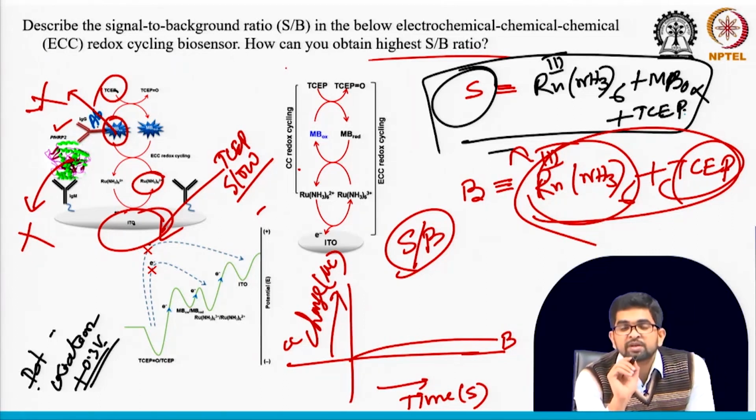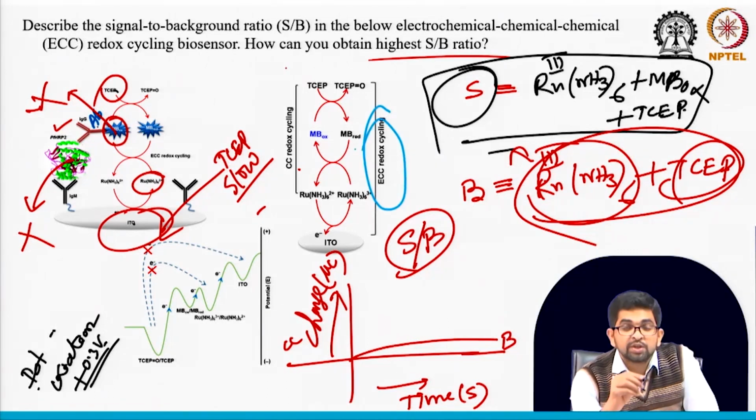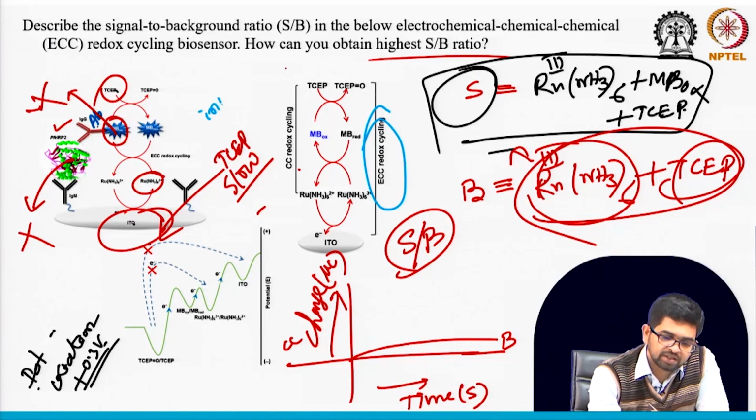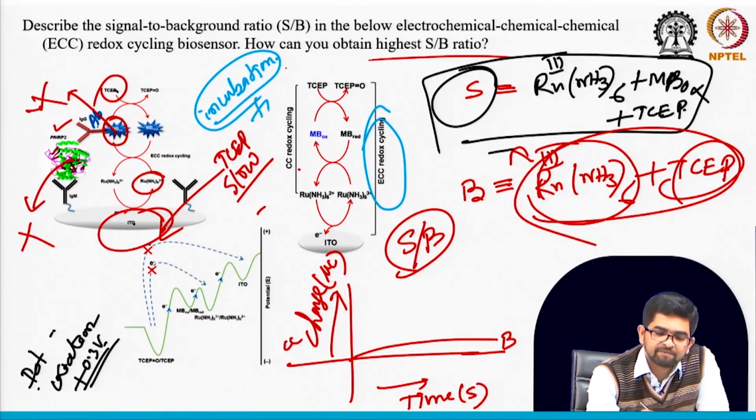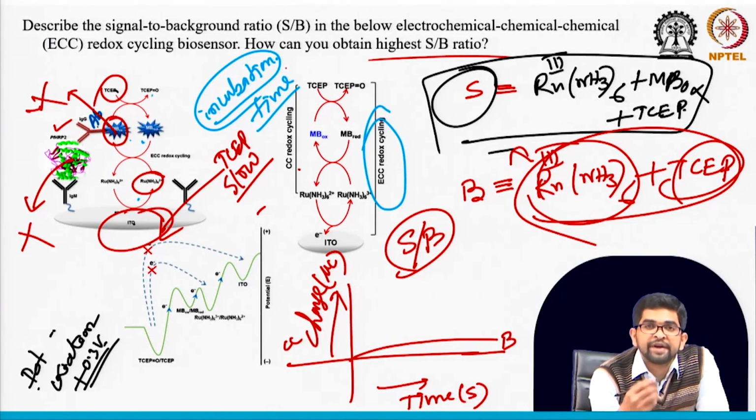And always you have to keep in mind, while we are using this kind of redox cycling, you need some incubation time. What is incubation time? After mixing all the chemicals, how long are you waiting before the signal measurement?